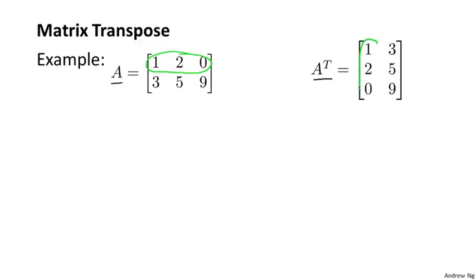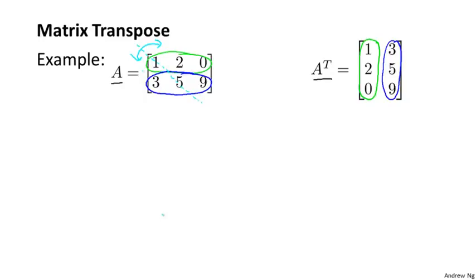That becomes the first column of the transpose. And then I'm going to take the second row of A, 3 5 9, and that becomes the second column of the matrix A transpose. Another way of thinking about how to compute the transpose is as if you're taking this 45-degree axis and you're mirroring, or flipping, the matrix along that 45-degree axis.